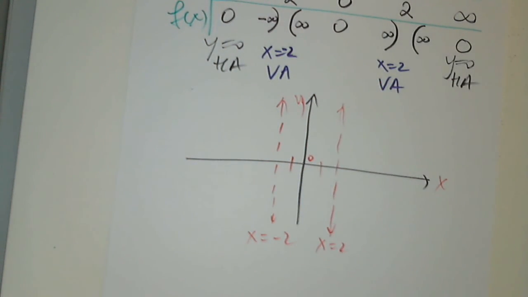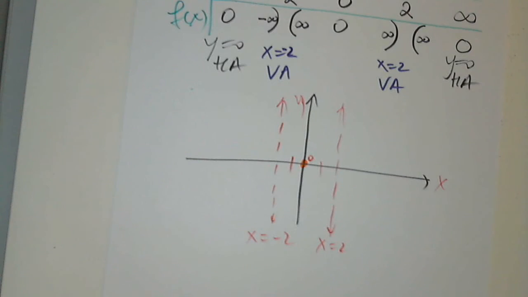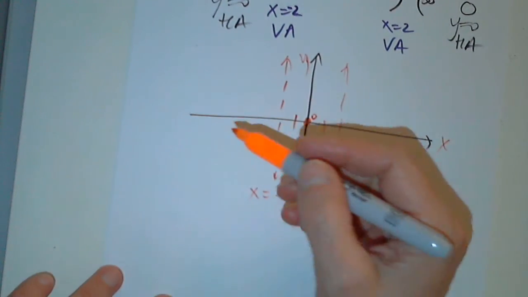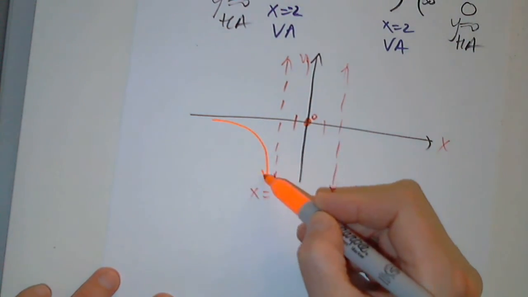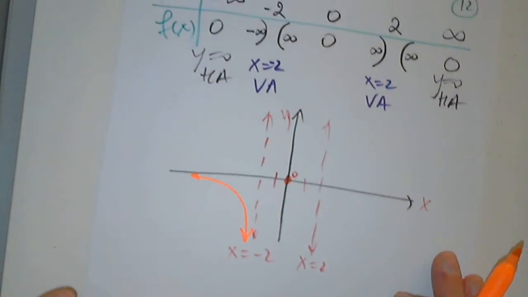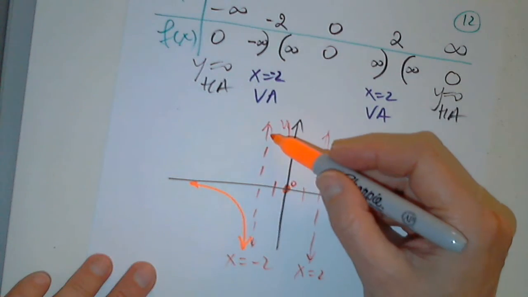And now I'm ready to plot. I will plot 0, 0. It says from 0 to negative infinity, no problem. Then from positive infinity, turning at 0, going back to positive infinity.